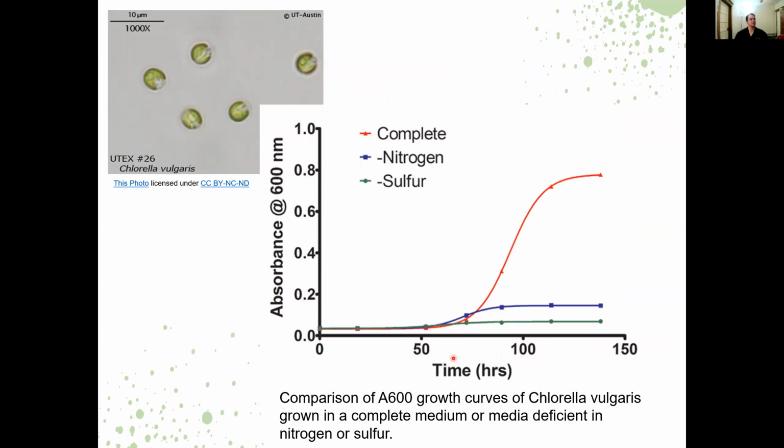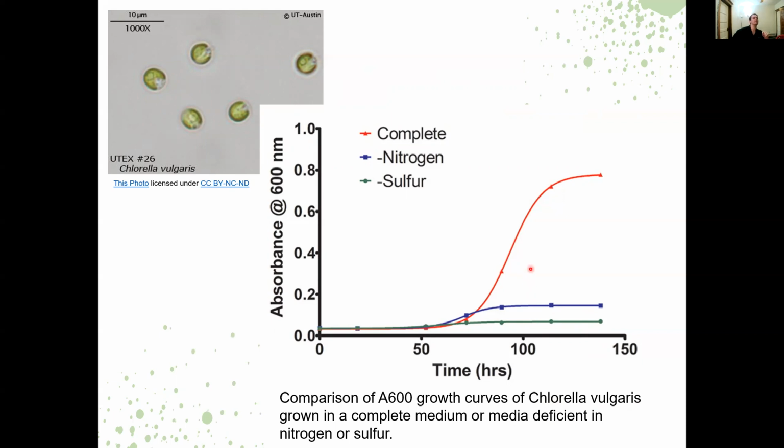Here you can see a comparison of the growth curves of Chlorella vulgaris, which was grown in 3 different media: a complete medium, media deficient in nitrogen, and media deficient in sulfur, represented by these 3 lines. And there you can see an image of what this algae actually looks like, because this is an algae.